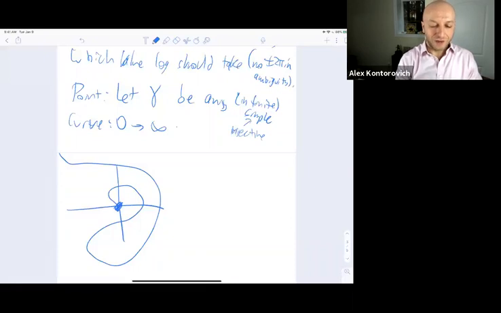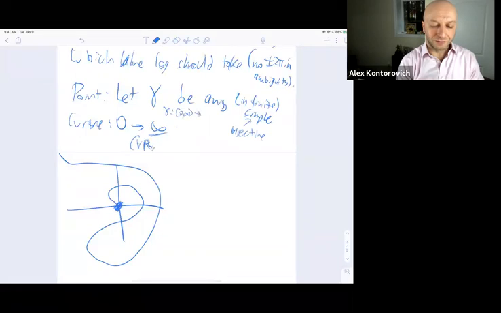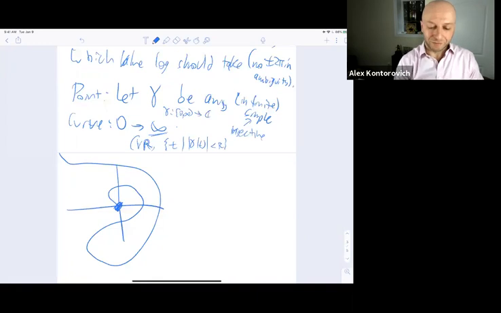And goes to infinity means that for all r, let's parameterize gamma as going from 0 out to infinity to C. For all r, the set of times t so that gamma of t has absolute value less than r is bounded.